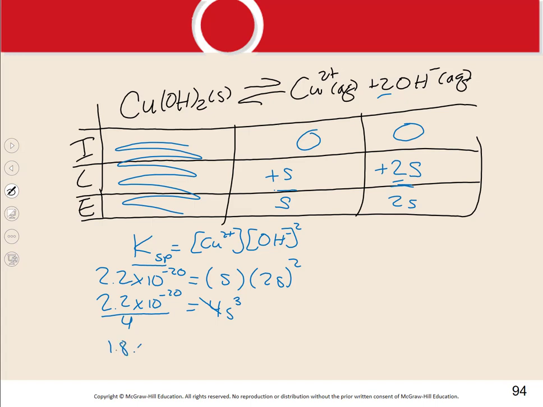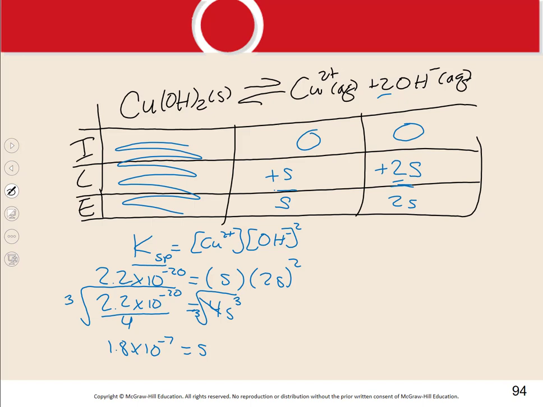And I'm getting 1.8 times 10 to the negative 7 for my S. Again, divide by 4 and then take the cube root. Not square root, cube root. Everybody know how to do a cube root in their calculator?